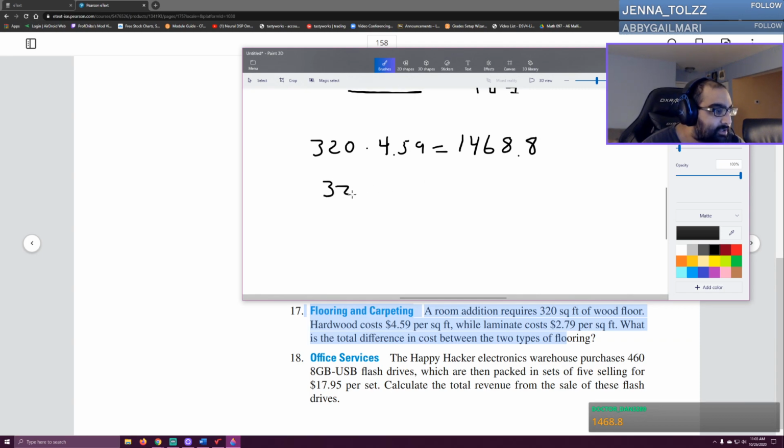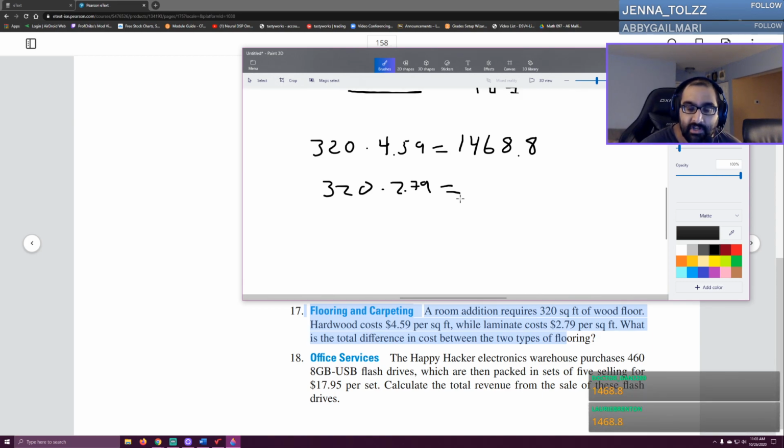Let's try the other one. So 320 times 279. All right, so far so good, everybody. Now let's find out how much it's going to cost us if we go laminate instead.